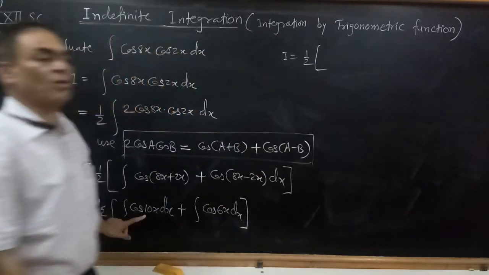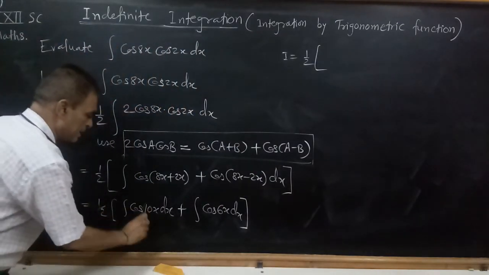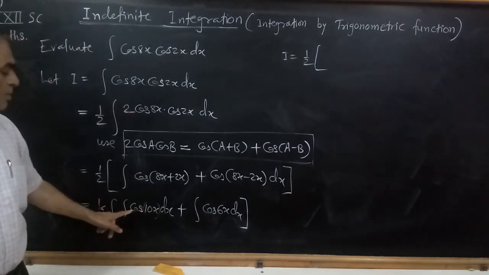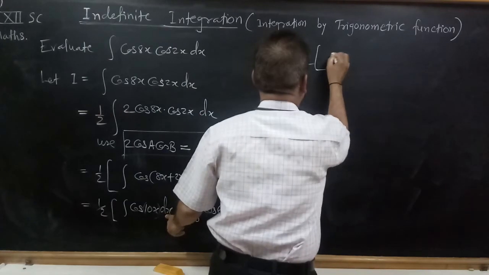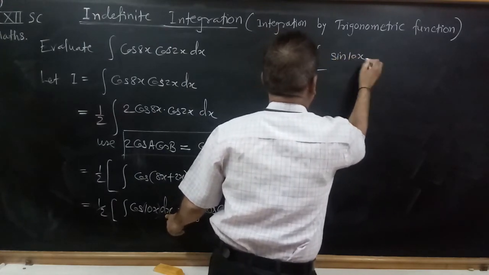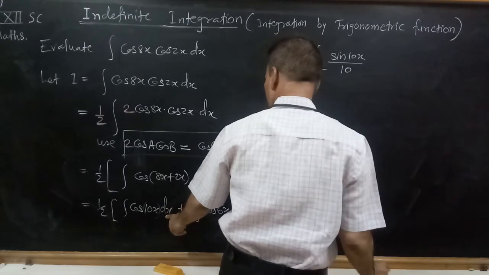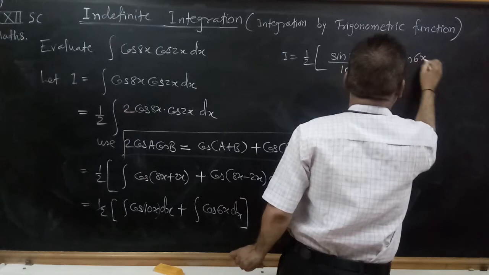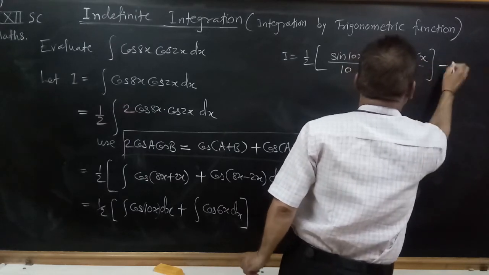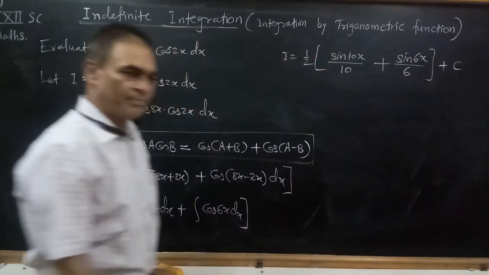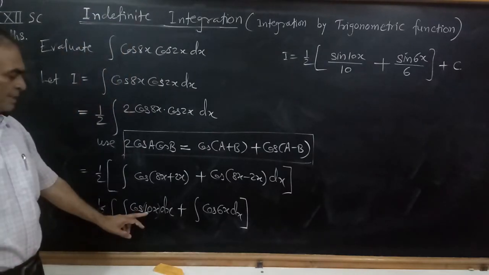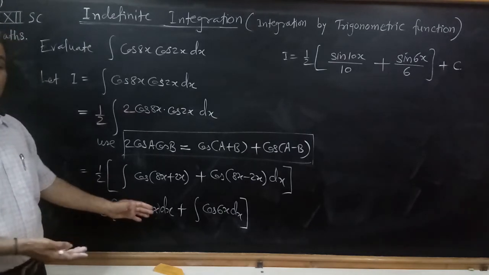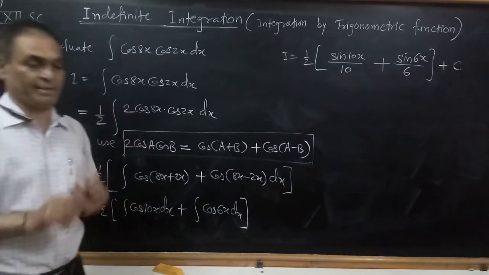What is integration of cos 10x dx? Be concentrated. Angle is 10x, not only x. Cos 10x dx means sin 10x divided by 10. Similarly, what about here? Sin 6x divided by 6 plus some constant of integration c. Try to understand. Here the angle is not only x. Integration of cos x is nothing but sin x.